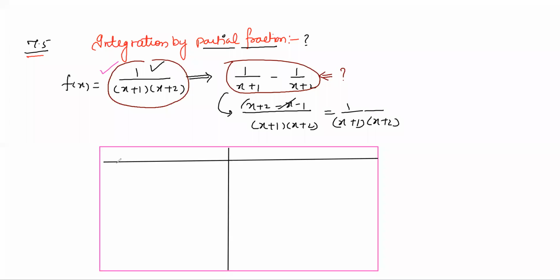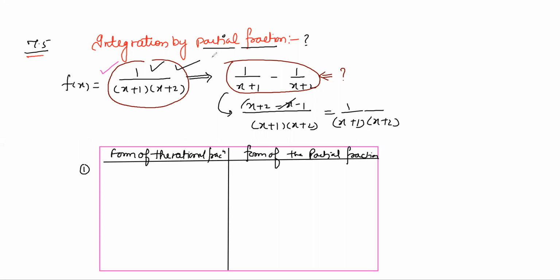Just write down: form of the rational fraction, and form of the partial fraction. There will be 4 or 5 varieties of rational fractions.